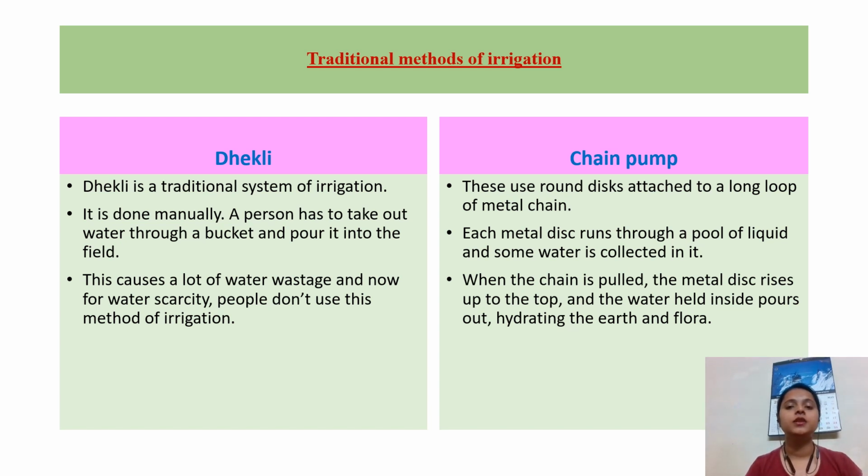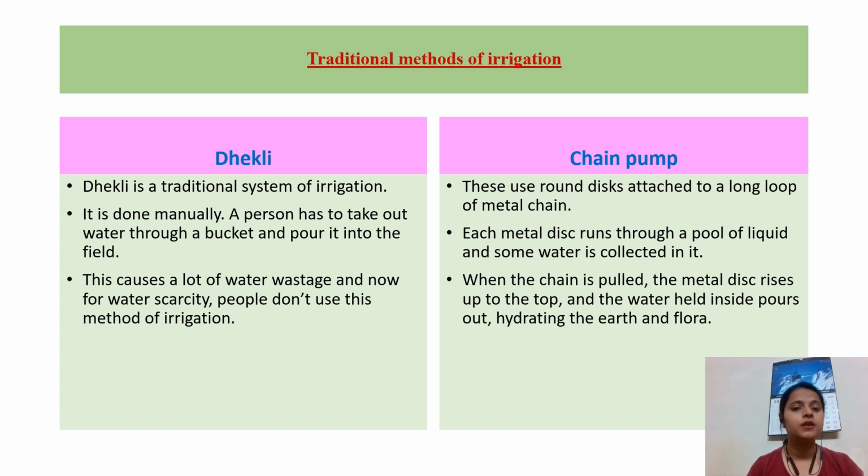Now come the differences between dhekli and chain pump. First is dhekli. Dhekli is a traditional system of irrigation. Yes, very true. Now the chain pump uses round discs attached to a long loop of metal chain. The second point of dhekli is that it is done manually.